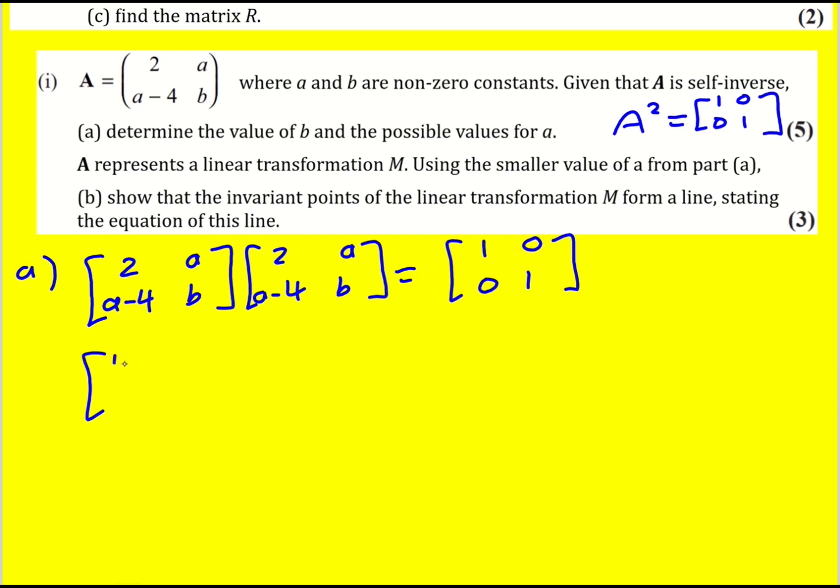That means that as I multiply it, it will be 4 plus a squared minus 4a. And then the next one along, 2a plus ab.